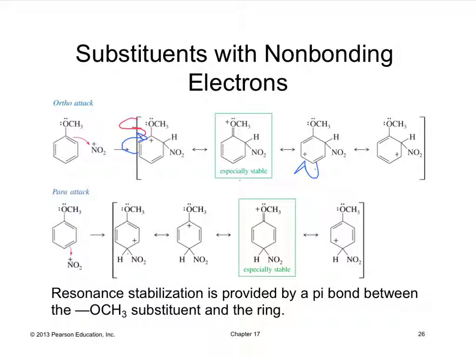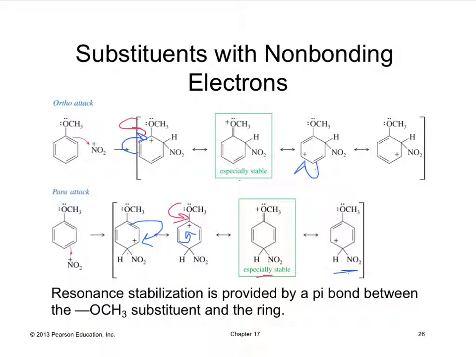Now you can have electrons from the ring moving that positive charge, and then once you get to this place, you can have electrons from your oxygen come and participate, and this generates this really stable form. Then you can go back to the ring and move the electrons around once again so that you generate this possible one.